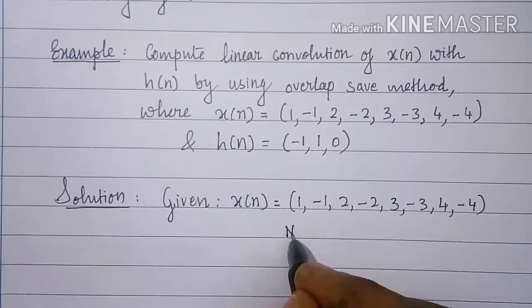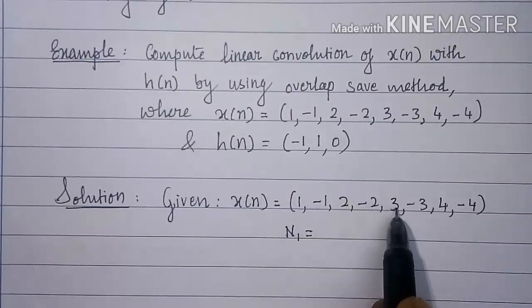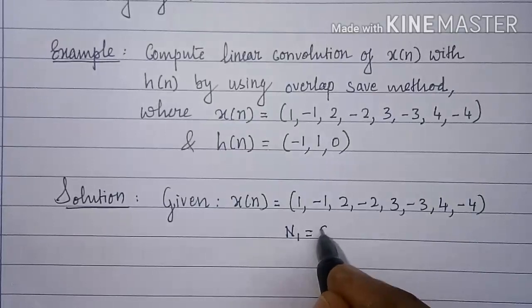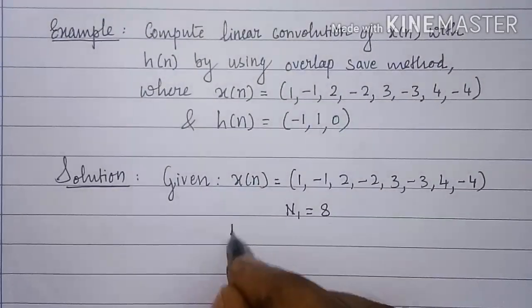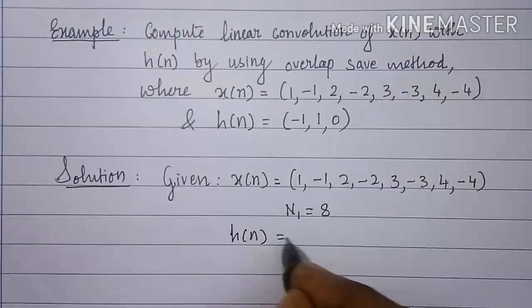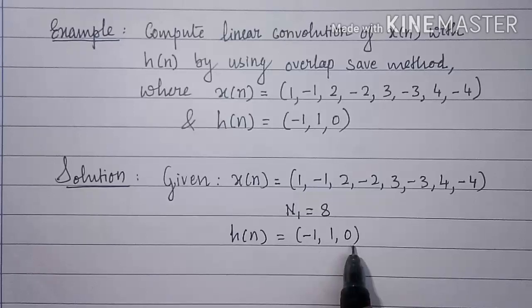Let its length be equal to N1, and that is equal to 8. h of n equal to minus 1, 1, 0, and let its length be equal to N2, and that is equal to 3.